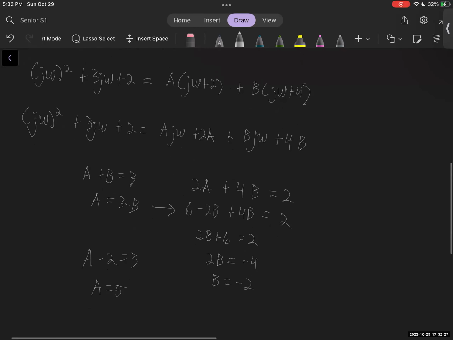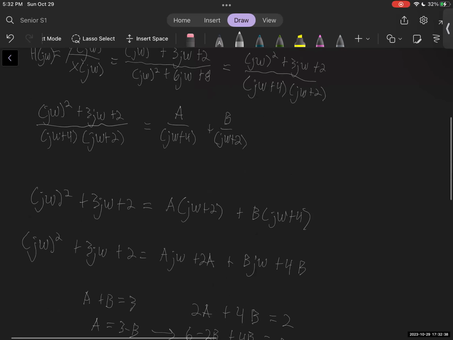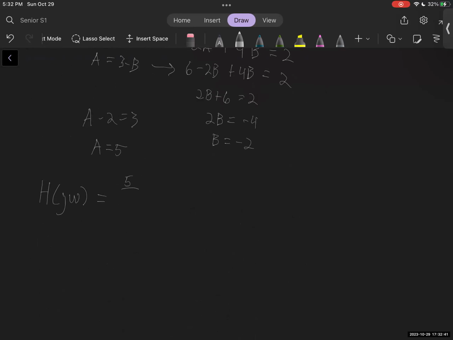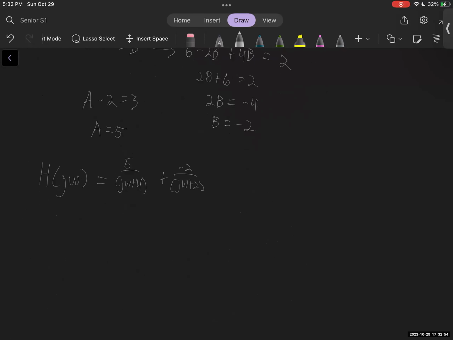So now we solved for our A and our B, and we can plug them back in to get our H of j omega is equal to 5 over j omega plus 4 plus negative 2 over j omega plus 2. Yeah, perfect. So now we have our transfer function in the frequency domain.